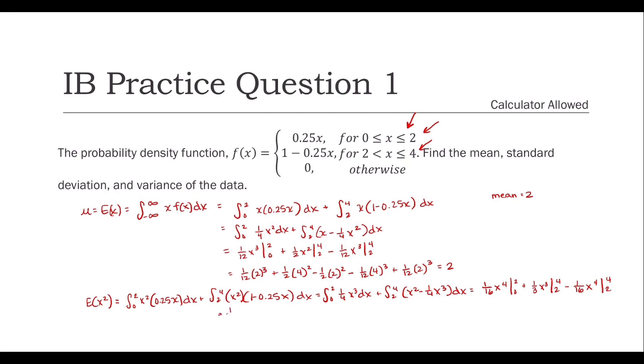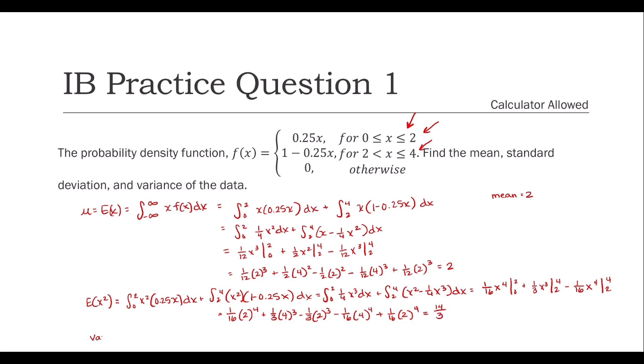So that'll equal 1/16 times 2 to the 4th minus 0, plus 1/3 times 4 cubed minus 1/3 times 2 cubed, minus 1/16 times 4 to the 4th, plus 1/16 times 2 to the 4th. We can simplify that to get 14/3.